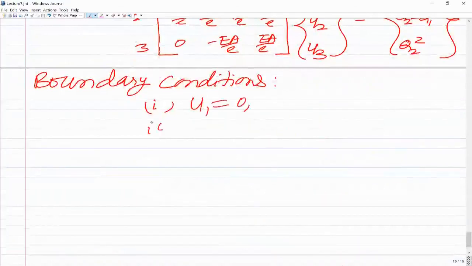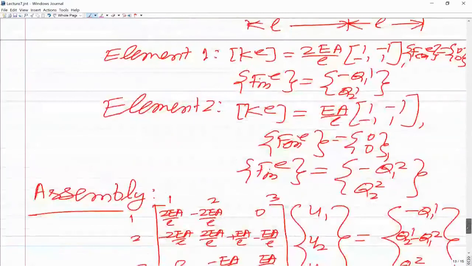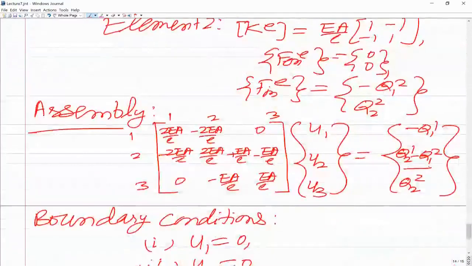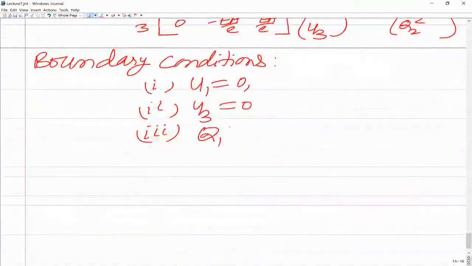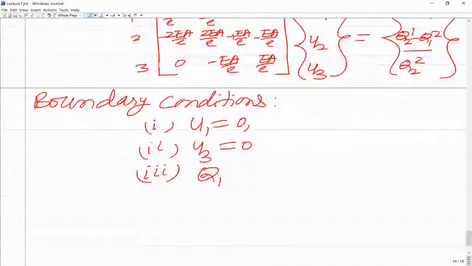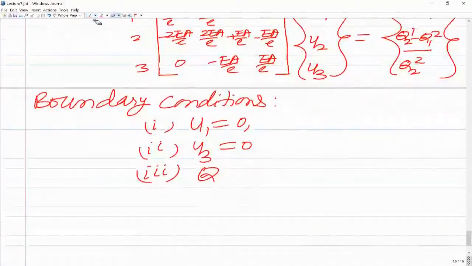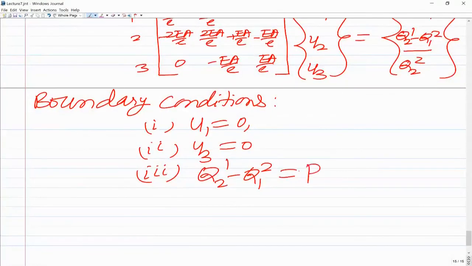The second boundary condition is u3 equal to 0, and the third condition is that from the equilibrium of node 2, we have already shown that q21 minus q12 is equal to P.